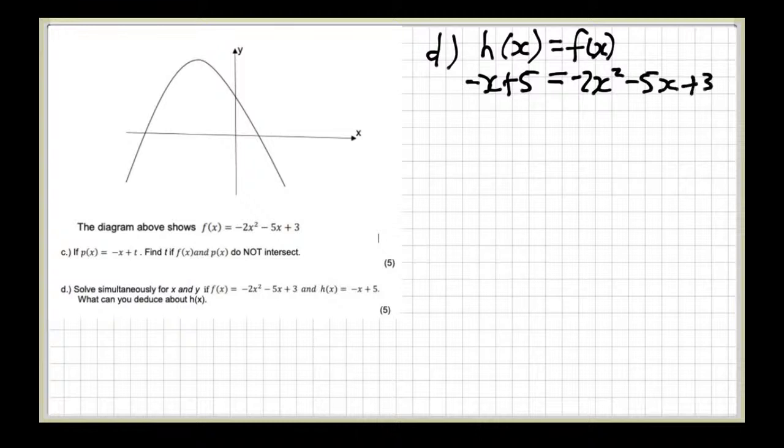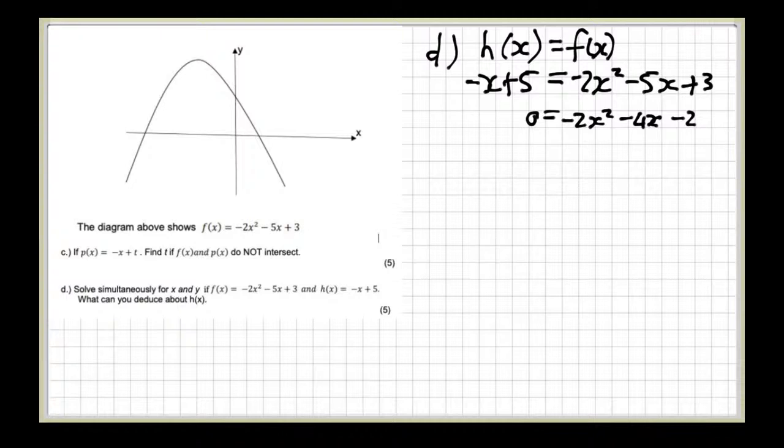Now let's just solve this. I'm going to make it equal to 0. So in other words, negative 2x squared minus 4x, because I take the negative x over, and I do the same with the 5. I take it over and it becomes negative 2.